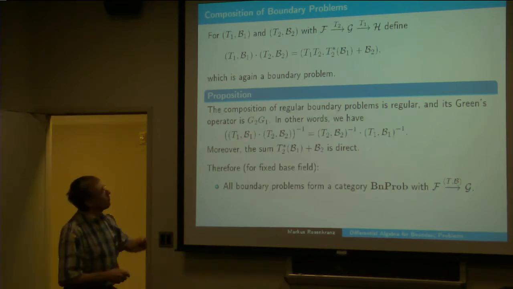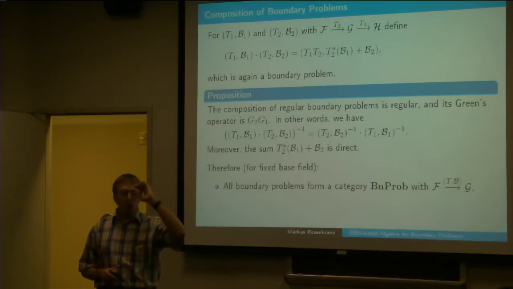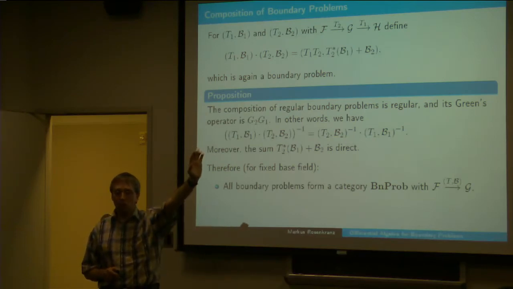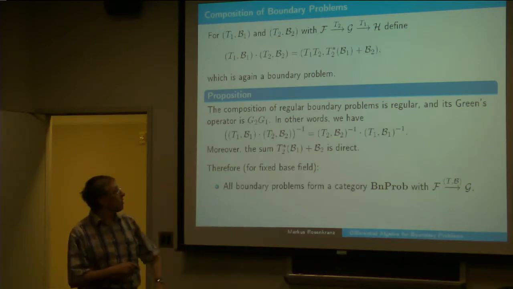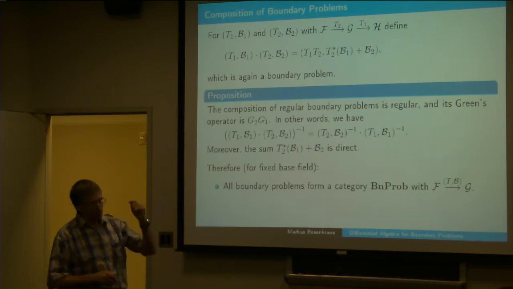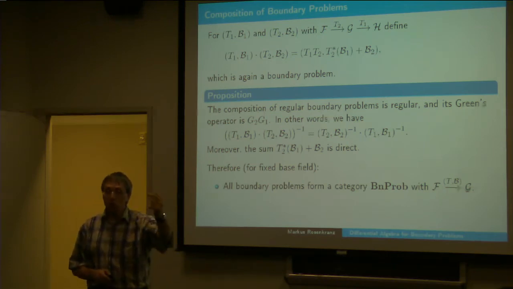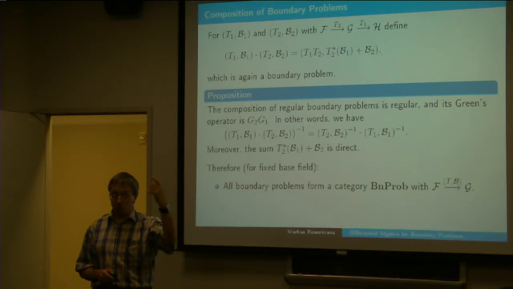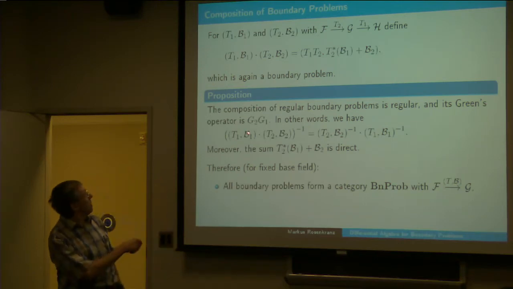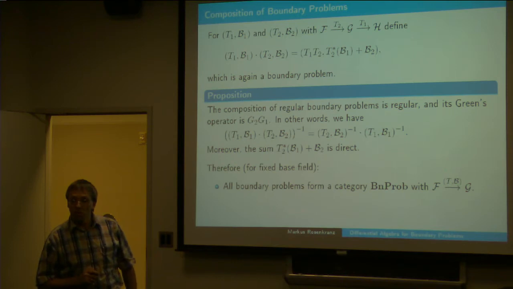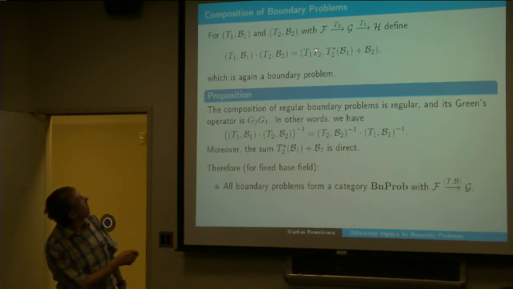For simplicity, imagine that we have only one single vector space, F. Then you can restrict all the operators to endomorphisms, and the only requirement is that they are surjective. Then B1 will be a subspace of F star, and also B2 will be a subspace of F star.